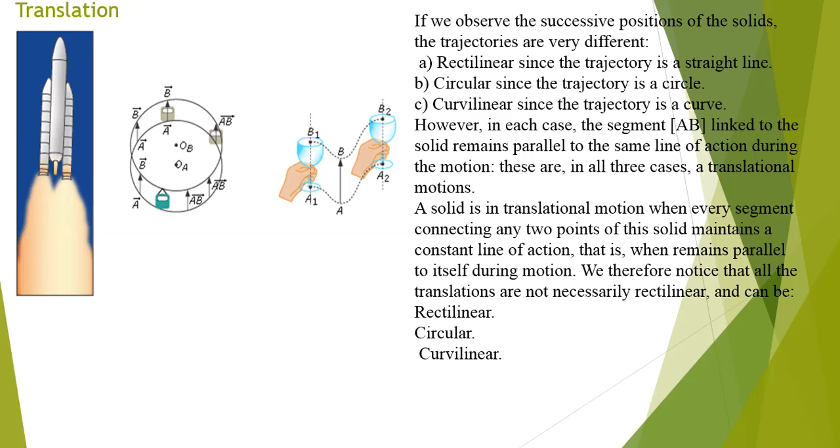We therefore notice that all translations are not necessarily rectilinear. They can be rectilinear or straight, as shown in figure 1, since the rocket describes a straight line, or circular, as shown in figure 2, since the solid AB, represented by the vector AB, describes a circular path, or curvilinear, as shown in figure 3, since each point of the vector AB, A or B, describes a curvilinear path.